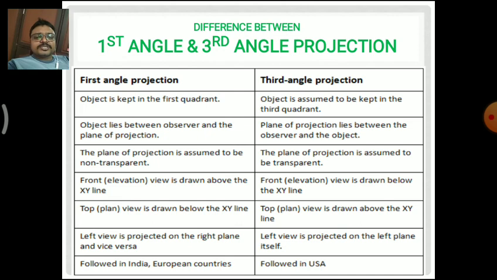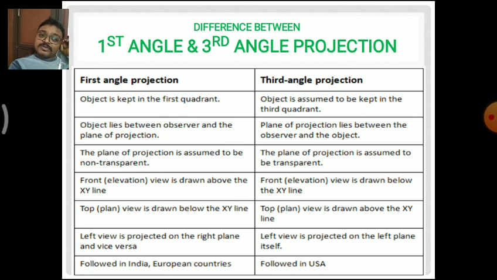And the last one is where these first angle and third angle projections are followed. First angle projection is followed in India and some European countries, and third angle projection is used basically in the USA, the United States of America.